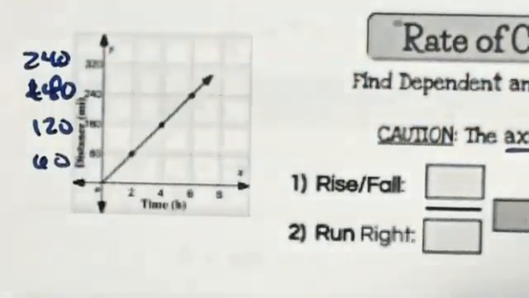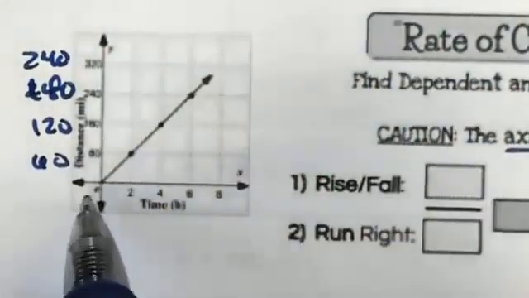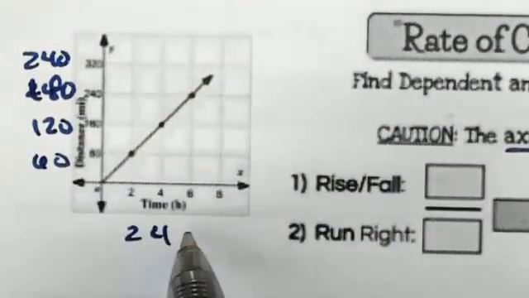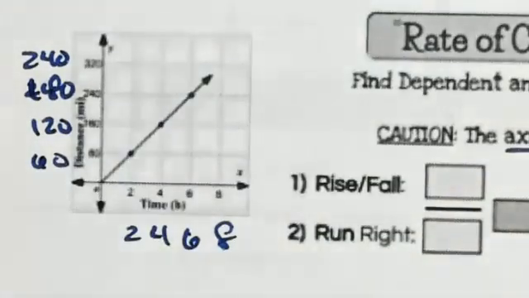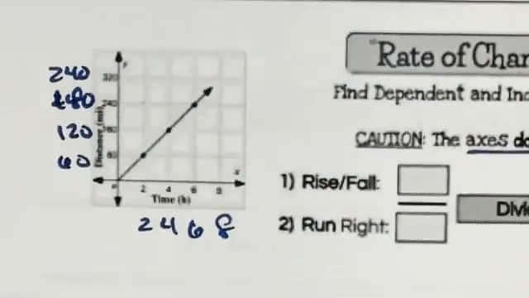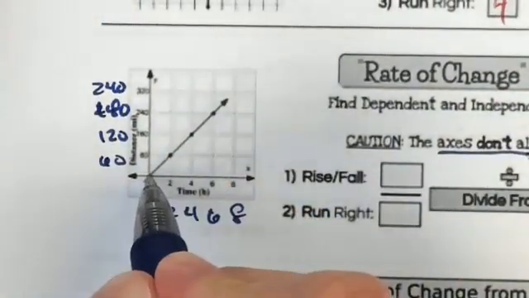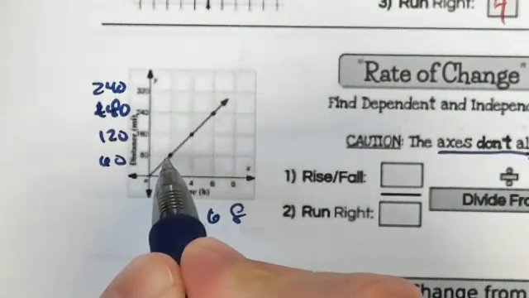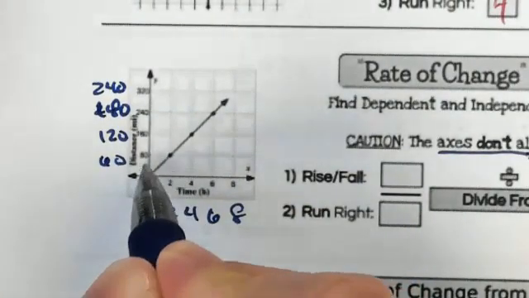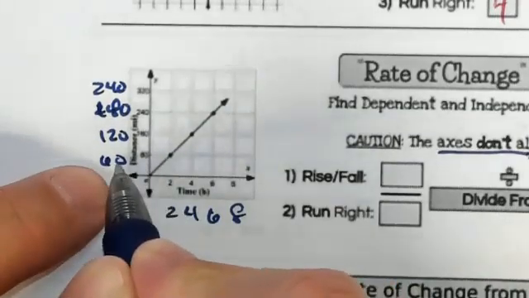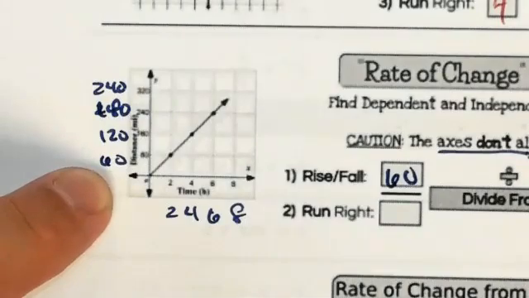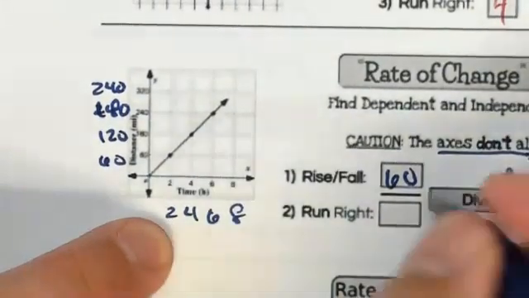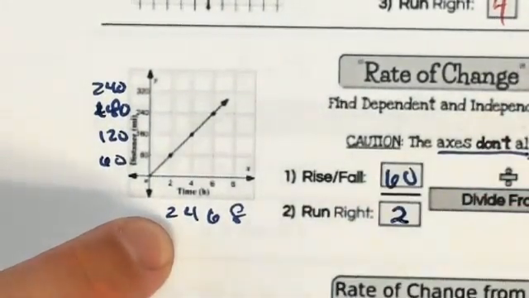Well, we'll call it 60 each, 180 and then 240. I don't think that's what it is, but that's what we're going to do. And then on the bottom, these boxes are by 2s. Okay, so when we count this, yes, when I look at my box, I'm going up 1 box and over 1 box. But here on the side, I'm going up 60 units of whatever this is, and then I'm running 2 units.